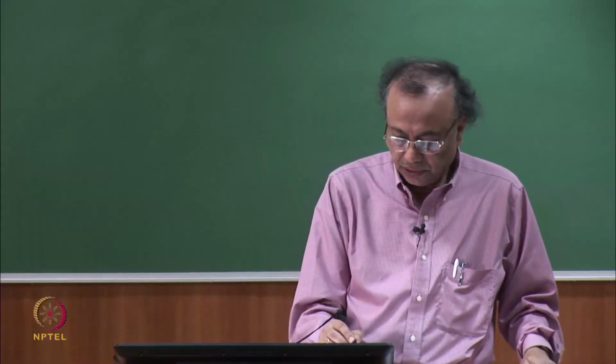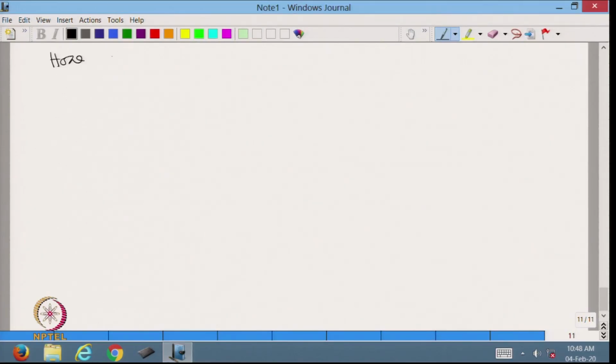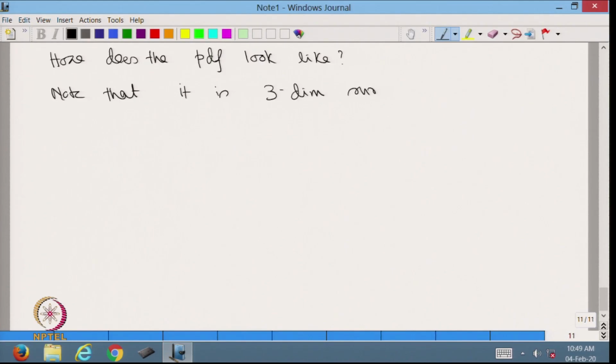Question is, how does the PDF look like? Note that it is a 3-dimensional surface.